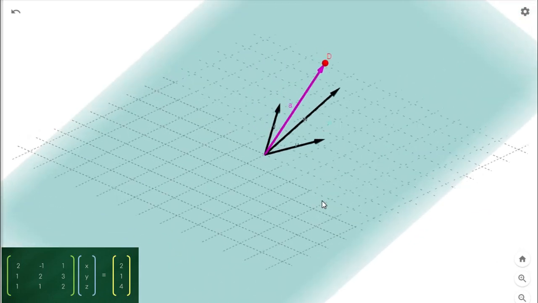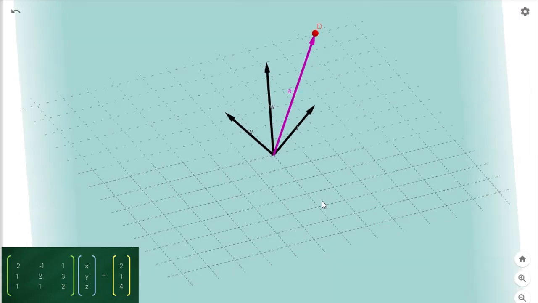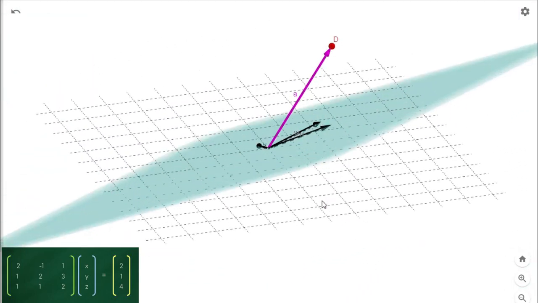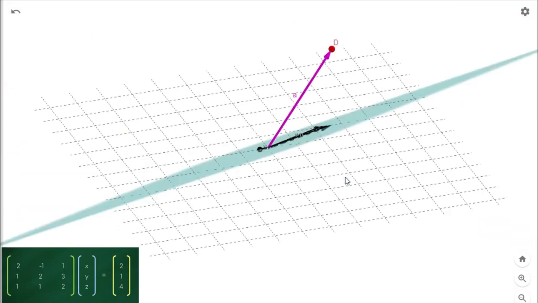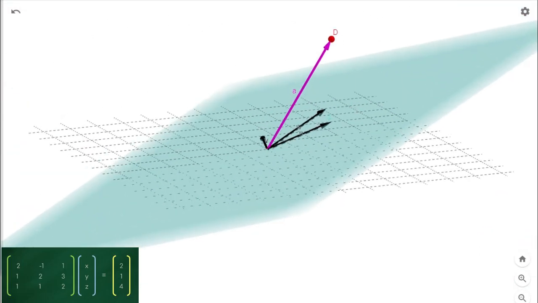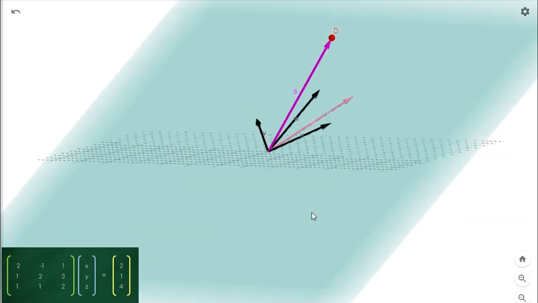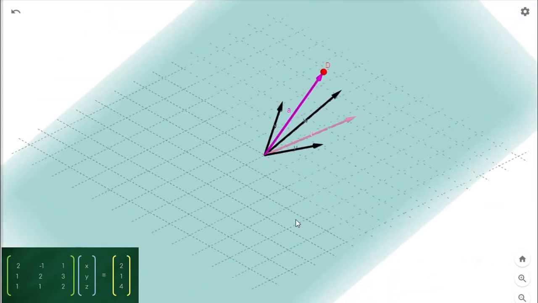So the closest vector to this right hand side vector, this purple one, is going to be the projection of this vector onto this plane, which is going to be, I think, this one. So this is the projection. All right, so the projection of the purple vector is the pink vector, the projection onto this plane.